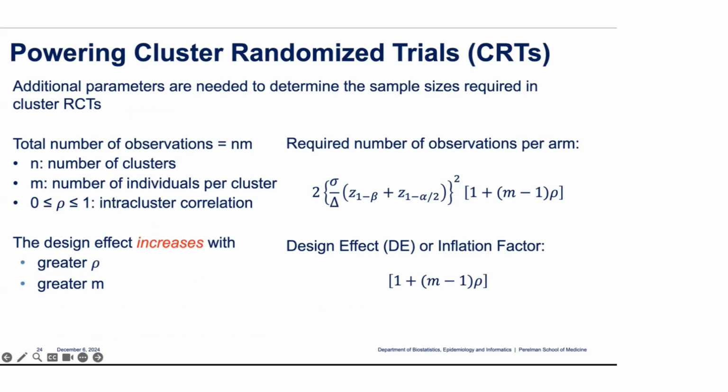The required number of observations per arm to achieve a certain level of power looks similar to the individually randomized case, but it has this design effect, which is a function of the intra-cluster correlation rho and the number of individuals per cluster M. That creates this inflation factor where you need a greater number of total observations in a cluster randomized trial to have the same information that you would in an individually randomized trial.